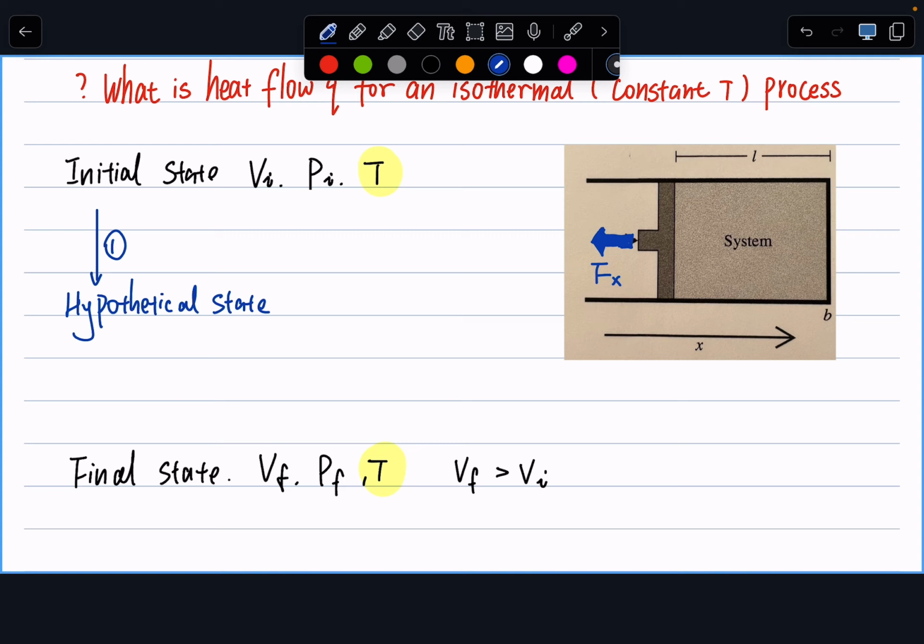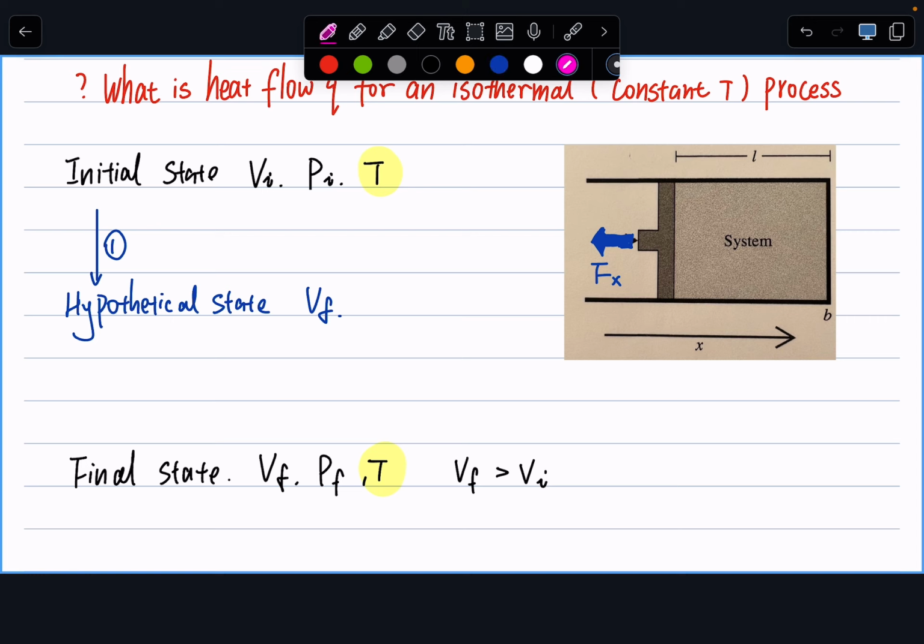The difference between my initial state and my hypothetical state is an expansion of volume. So we have V final, and our pressure is going to change with it.